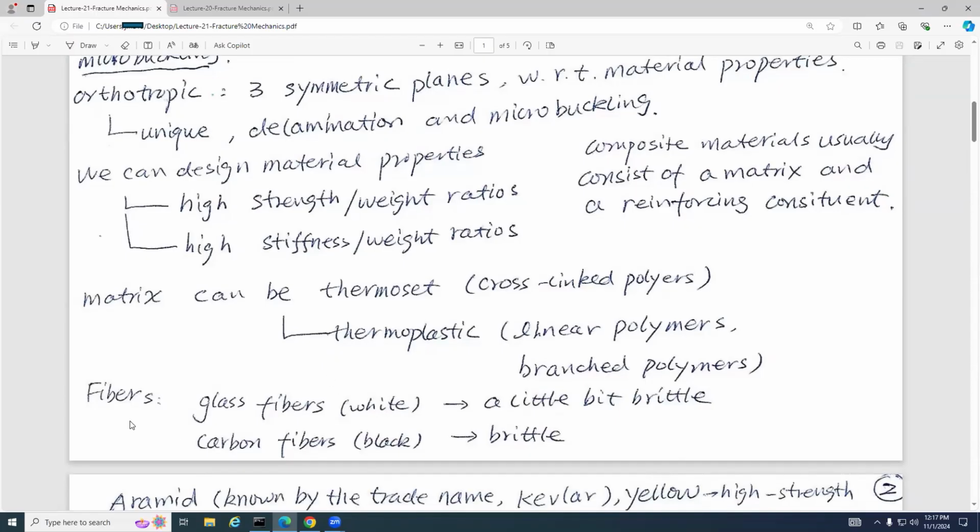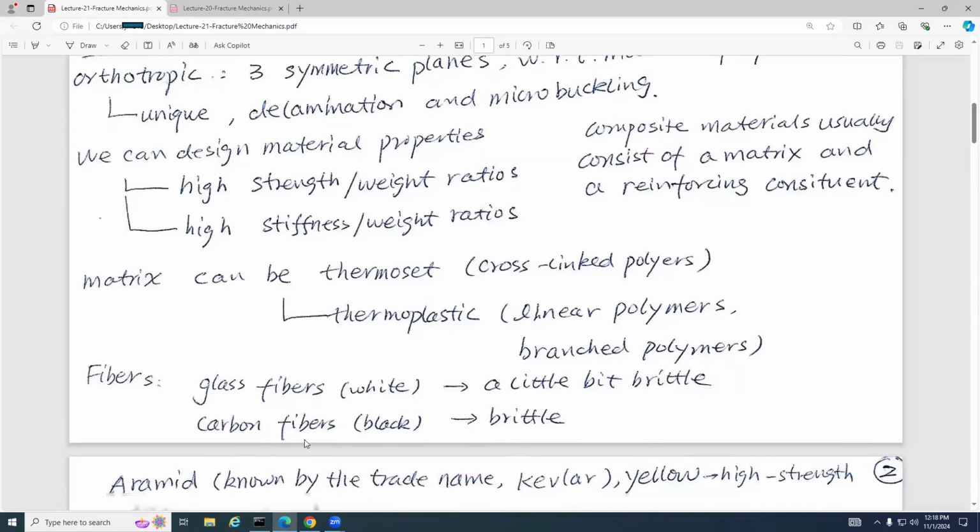Fibers. People use glass fibers, which were used in the early stage many years ago. Glass fibers are usually white and a little bit brittle. But in recent decades, people use carbon fibers, and carbon fibers are more brittle.